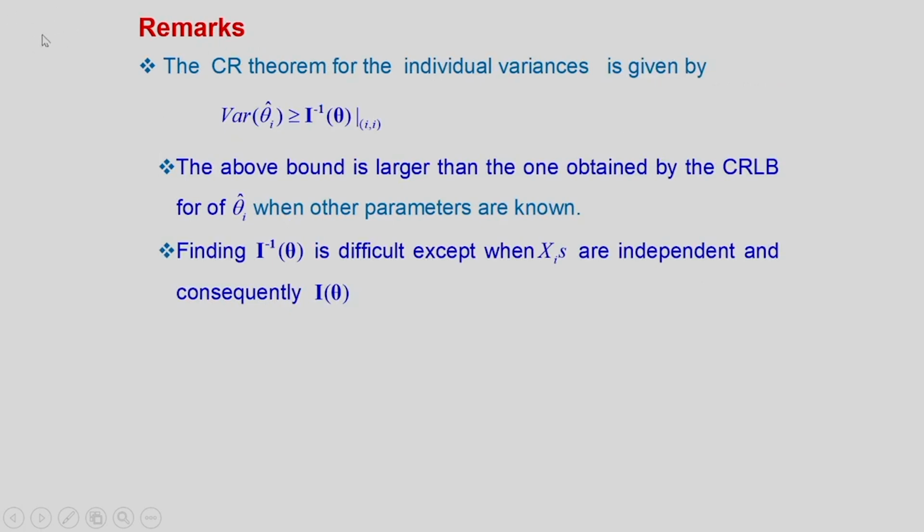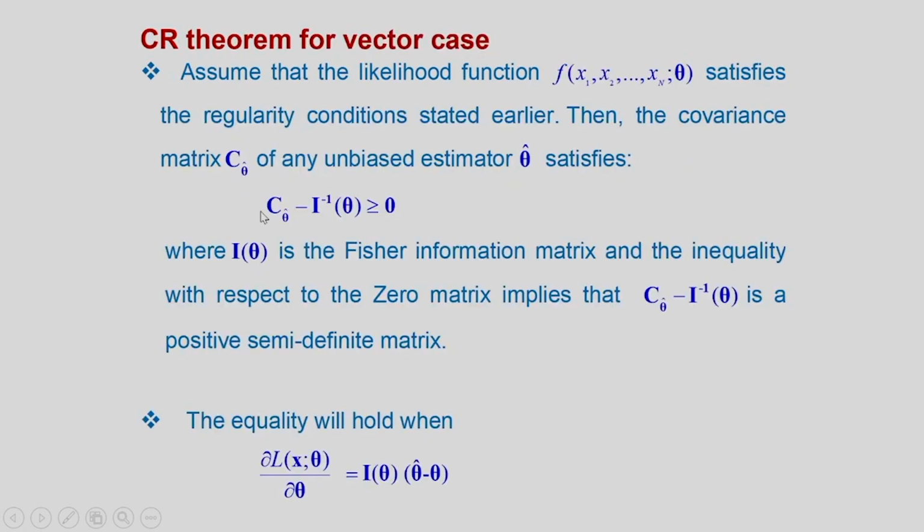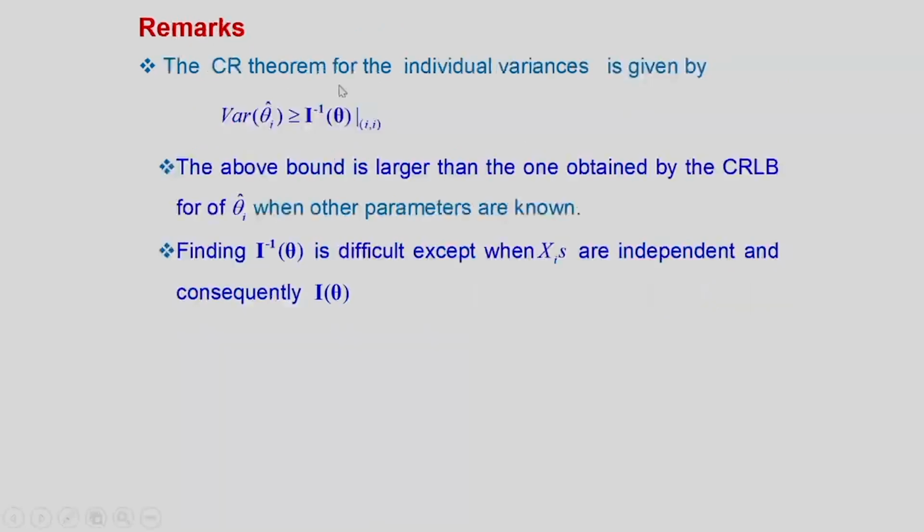Suppose we have found the CR bound in terms of C of theta hat, but what will be the CR bound for an individual element of C theta hat? The individual variance of theta i hat will be greater than or equal to the ith diagonal element of I inverse of theta.